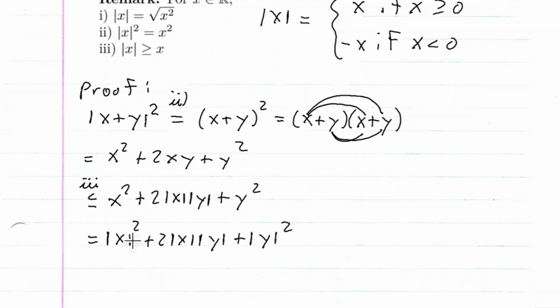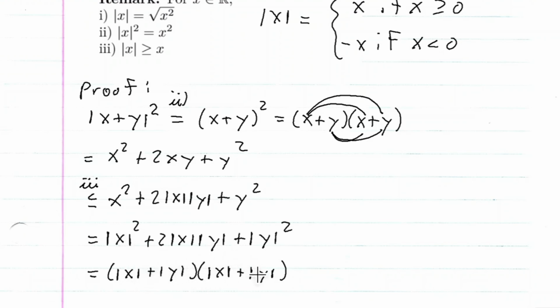And then going backwards, using the same idea we used up here, we know this is equal to the absolute value of x plus the absolute value of y, times the absolute value of x plus the absolute value of y. Absolute value of x times absolute value of x is absolute value of x squared.